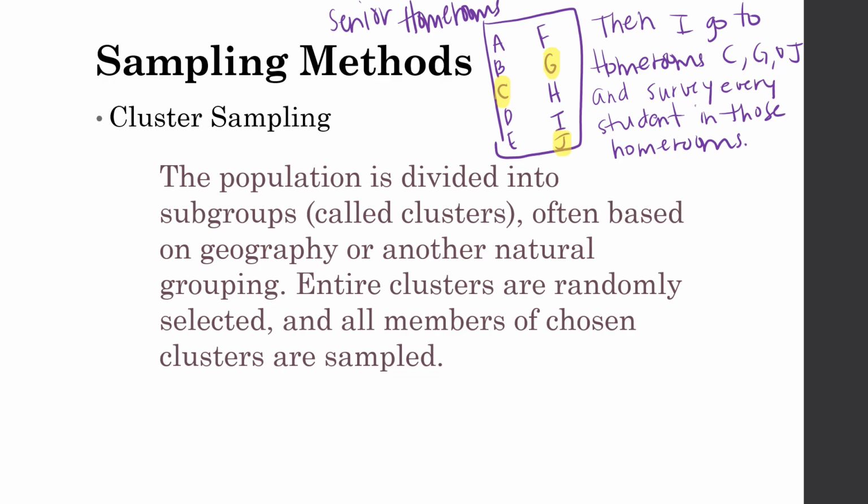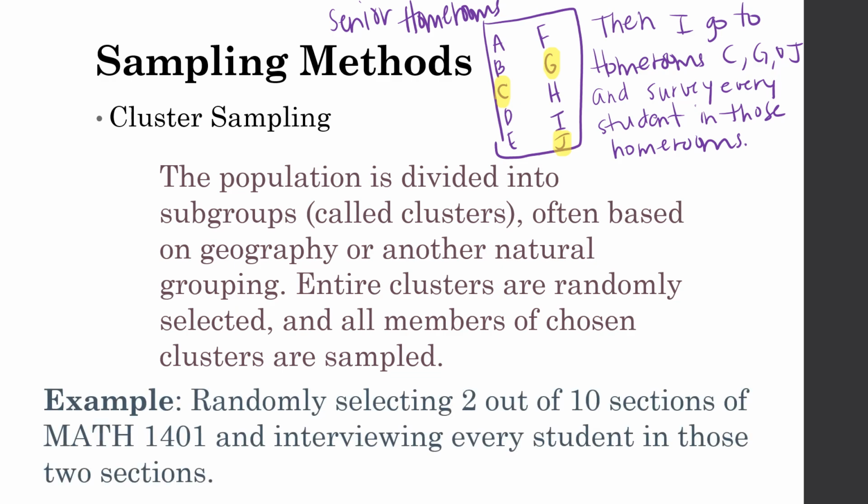With stratified sampling, I'm visiting every subgroup. With cluster sampling, I'm randomly choosing some of the subgroups, but I'm surveying everyone in that cluster. For stratified sampling, I went by every homeroom but picked only a couple of people from each homeroom. In cluster sampling, I'm selecting a few homerooms, and I'm surveying every student in those homerooms.